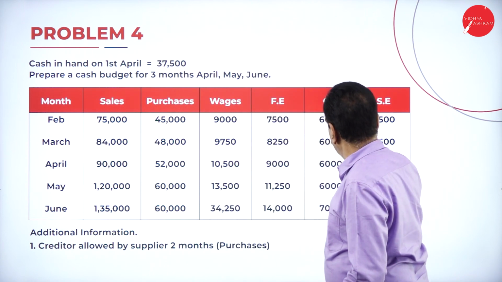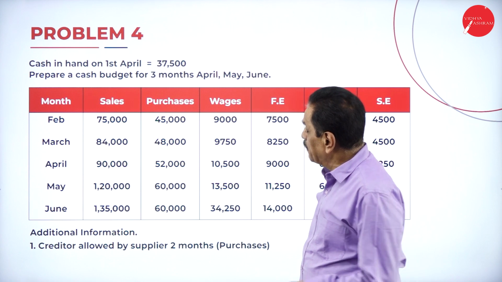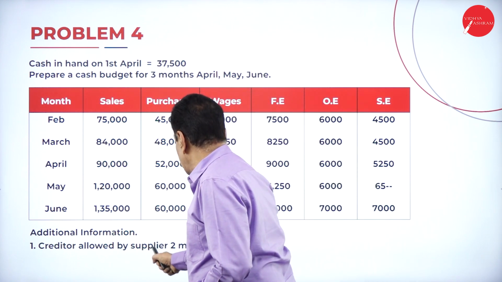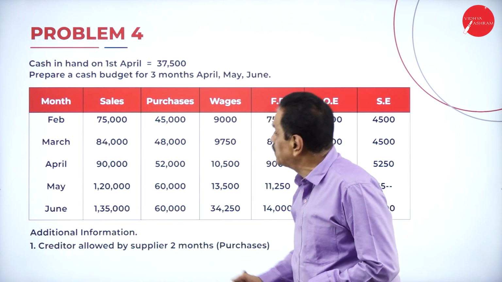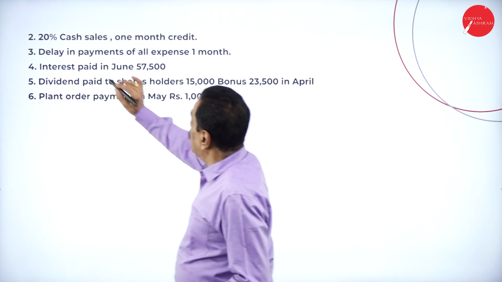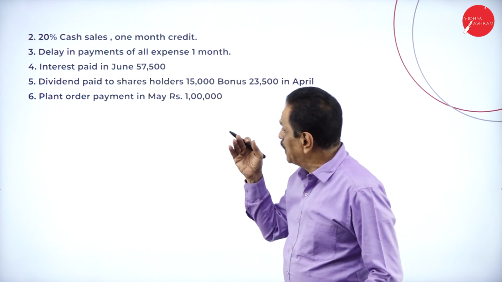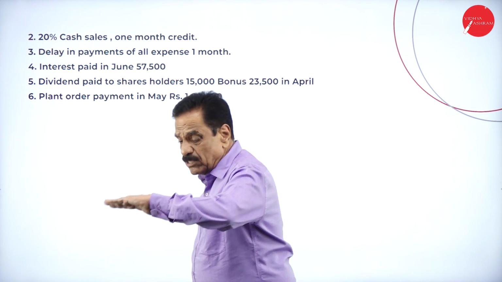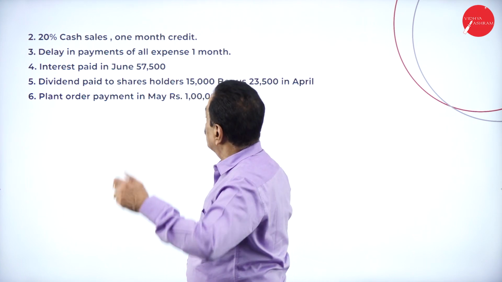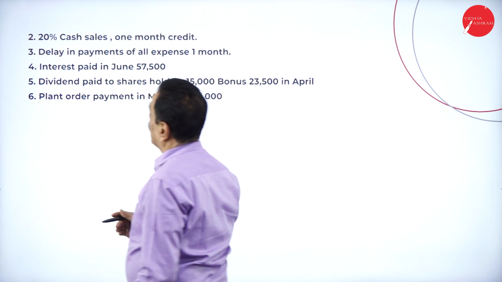Then creditors allowed by supplier is 2 months, meaning purchases will be paid after 2 months. Then 20% of sale is cash and the balance is on 1 month credit. So we pay 20% in cash, and the balance will be paid in the next month, for example February sales in March. Balance will be paid in 1 month credit.